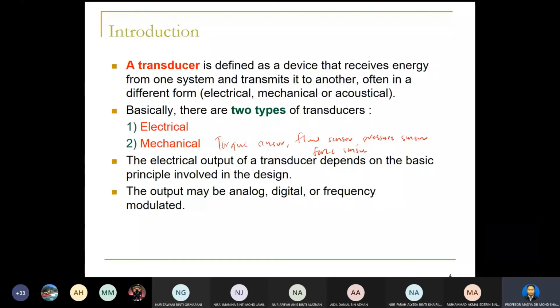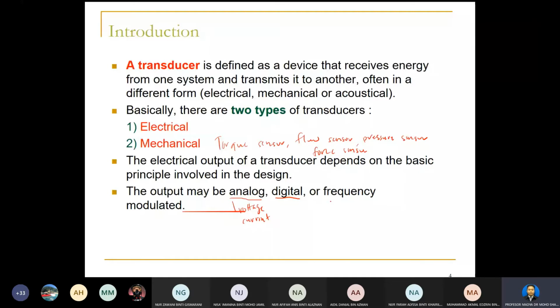The output may be analog, maybe in terms of voltage or current, or digital. Nowadays most of our sensors use digital, because of the chips, which make it easy to design and to handle a lot of input and output that we have to measure.